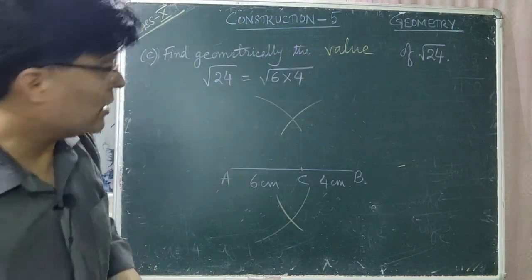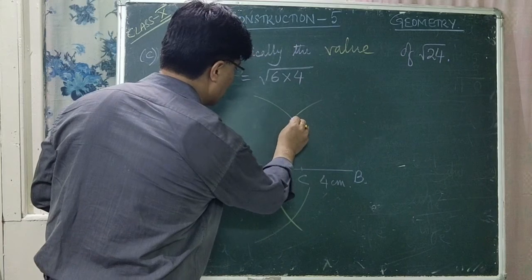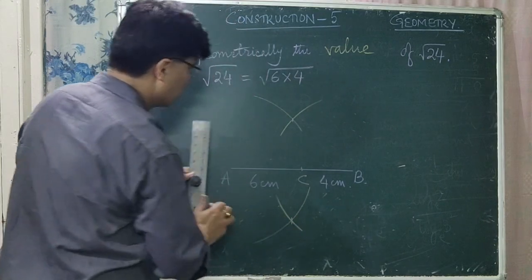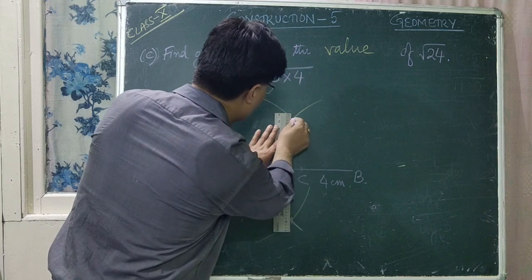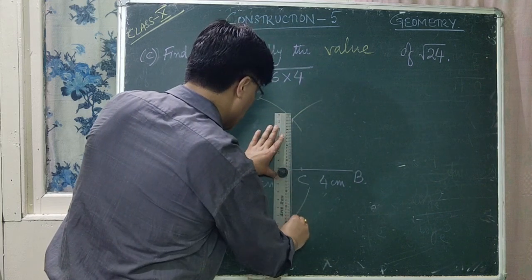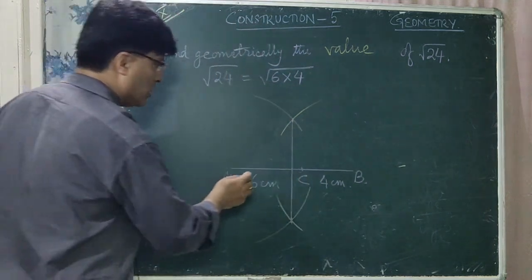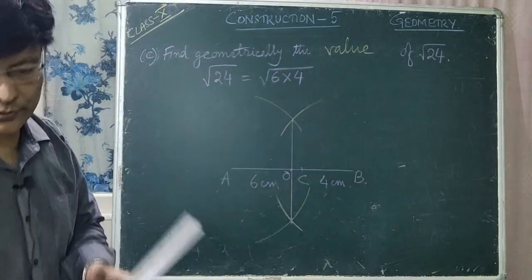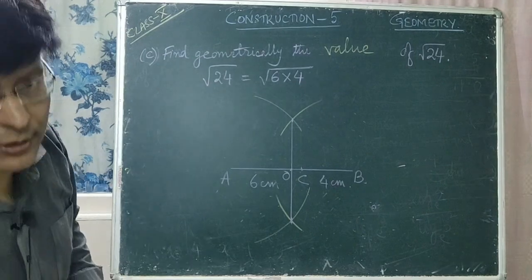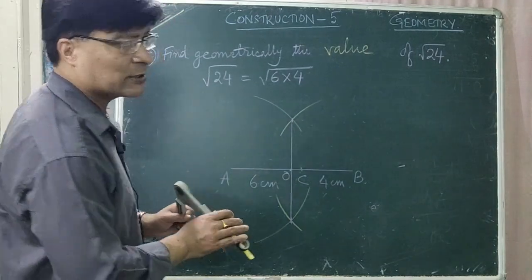So now you have to join these 2 points. So join these 2 points, you will get the midpoint of AB. Suppose this point is O, right? Now we have to draw the semicircle as in the previous construction.